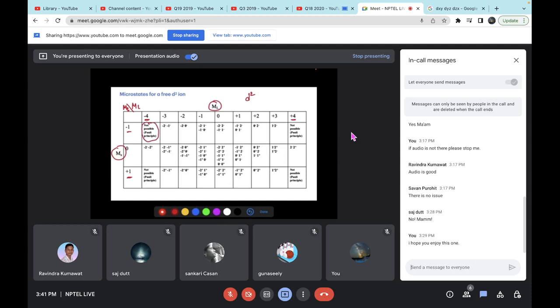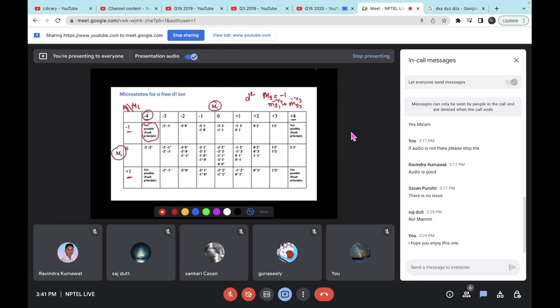The possible number of microstates corresponding to ML minus 4 and MS minus 1 is actually not possible due to Pauli's exclusion principle. MS value minus 1 means my ms1 plus ms2 should be minus 1, that is, both of them should have the same spin, minus 1/2 and minus 1/2.